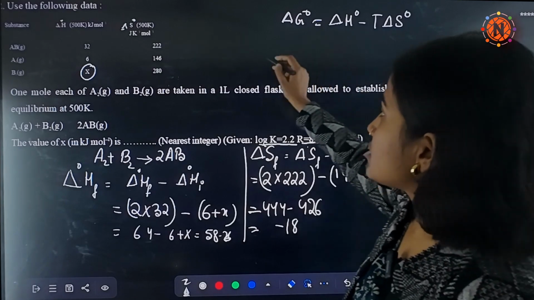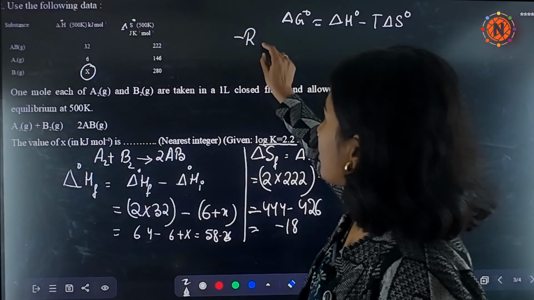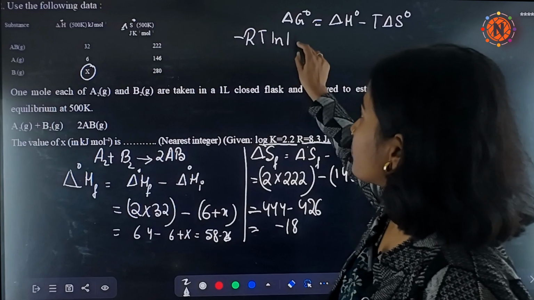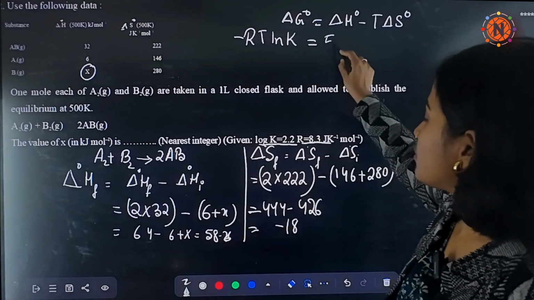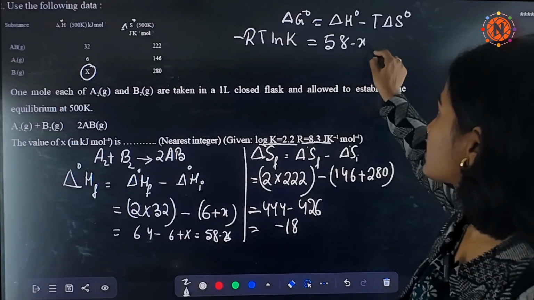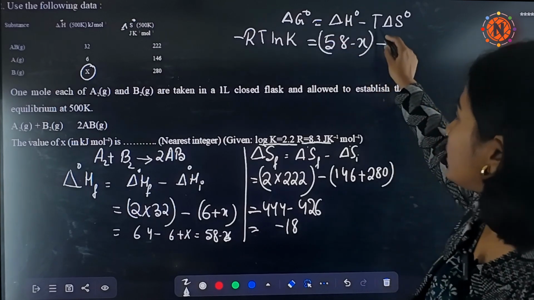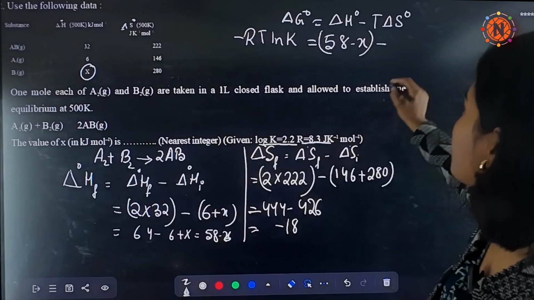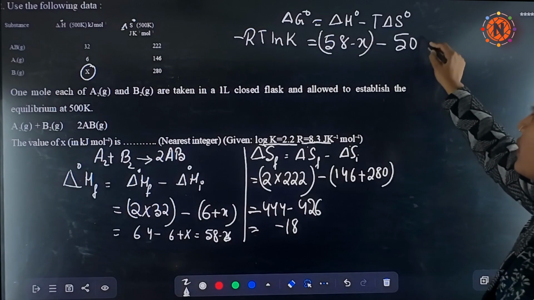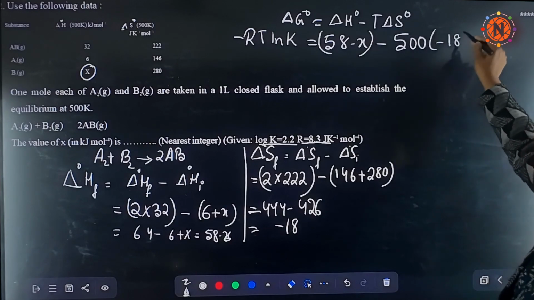Correct? This Gibbs free energy can be written as RT ln K. Delta H we have found, that is 58 minus X. Temperature is given to us. Temperature is 500. Here it is 18.